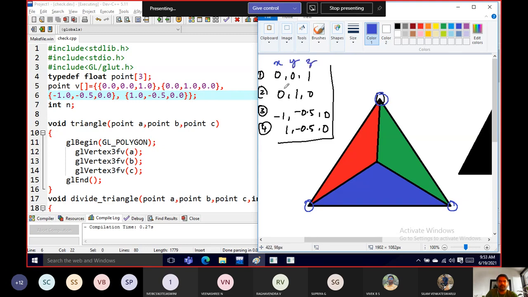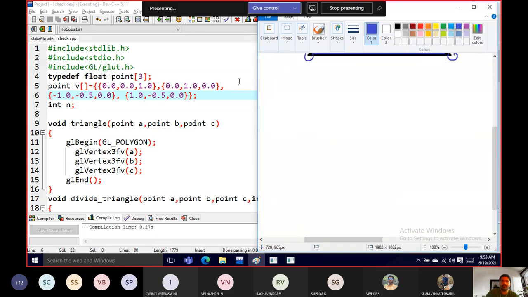So 0, 0 with z is 1. Always remember we are starting from our origin here. 0, 0 means 0 with x-axis. I'll draw it with a bigger triangle here.